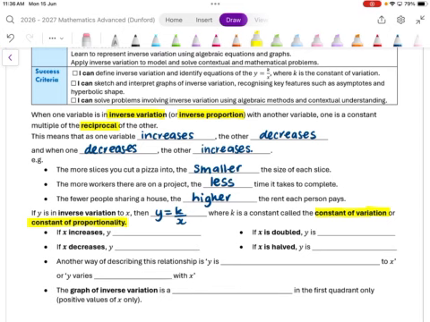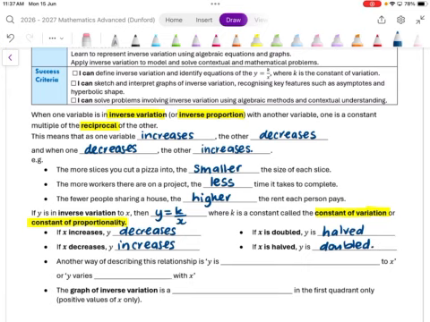If x increases, y decreases. If x decreases, y increases. If x is doubled, y is halved. If x is halved, y is doubled.